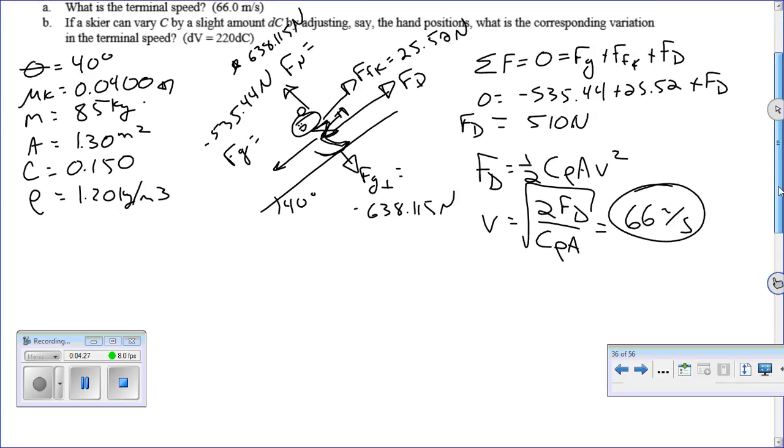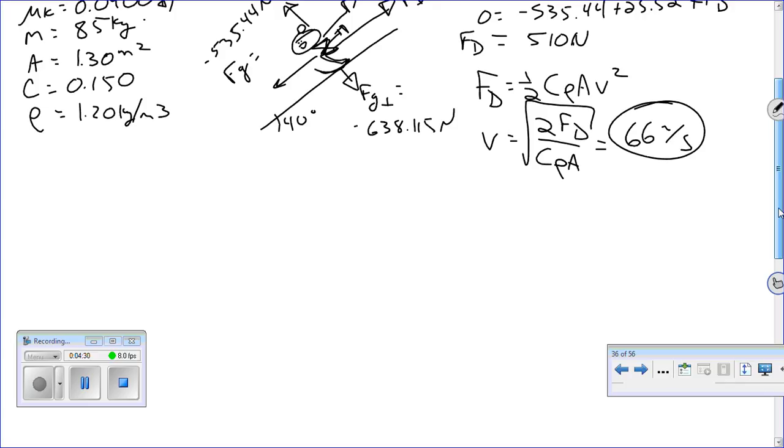So here's my equation for velocity. I'm going to rewrite it as an exponent. So it's 2F_D over C rho A to the 1/2 power, right? And I want to come up with an expression for my change in velocity with respect to a change in that coefficient, right?